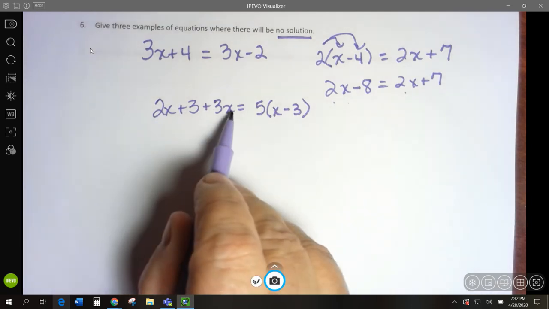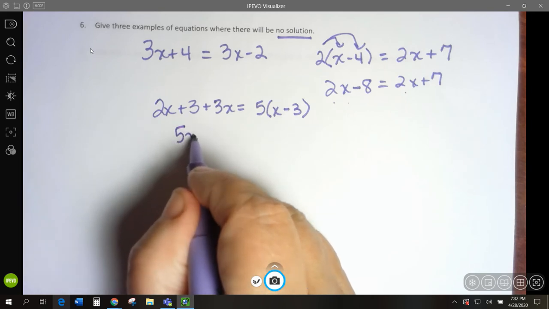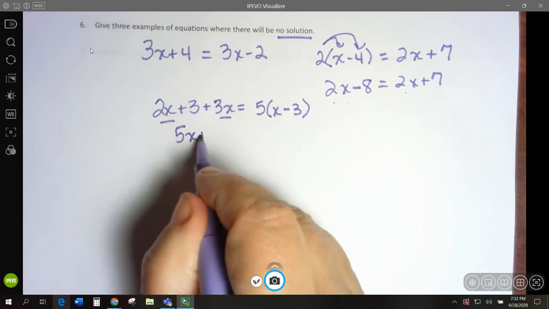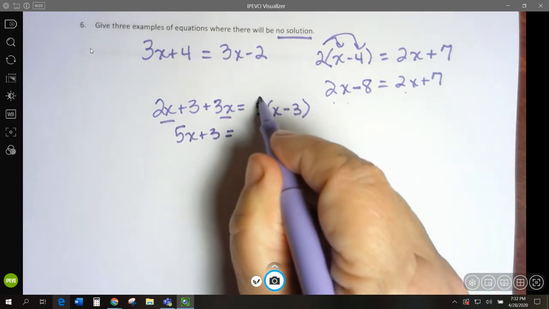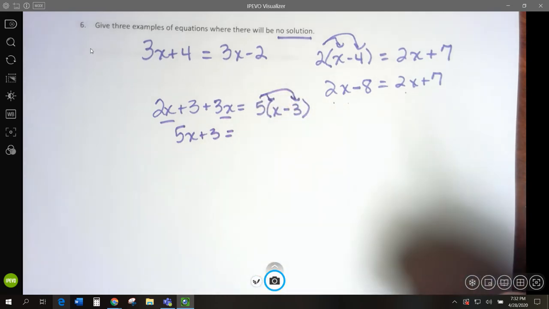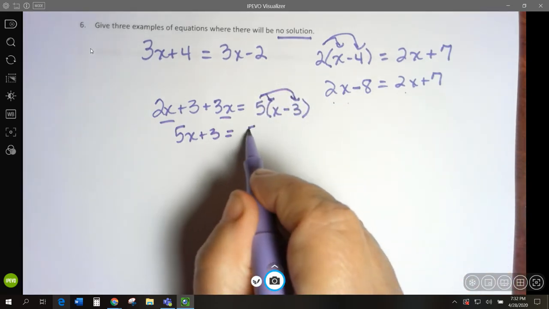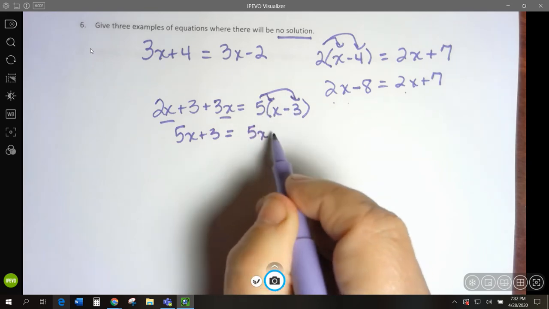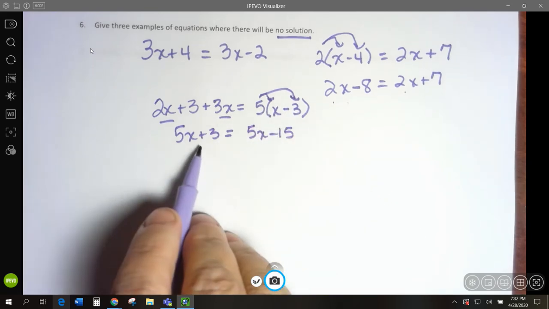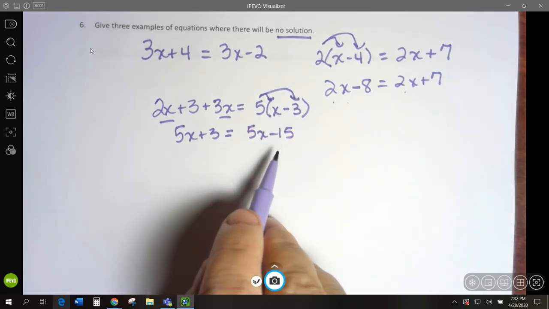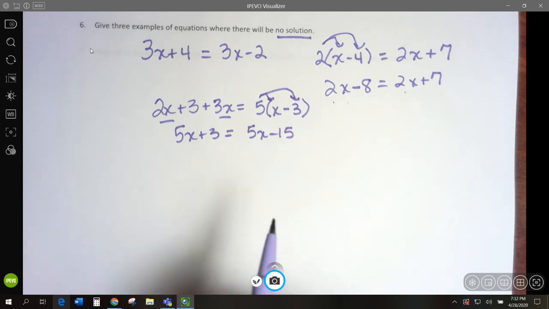So 2x + 3x would be 5x. Combine our like terms, plus 3. Here we have to do the distributive property. We're going to get 5x and a negative 15. 5x + 3 = 5x - 15. That's not going to work.